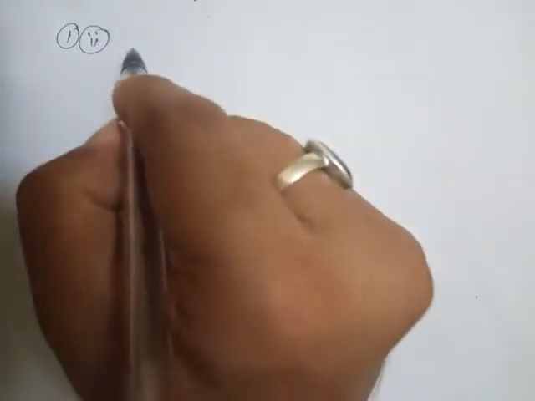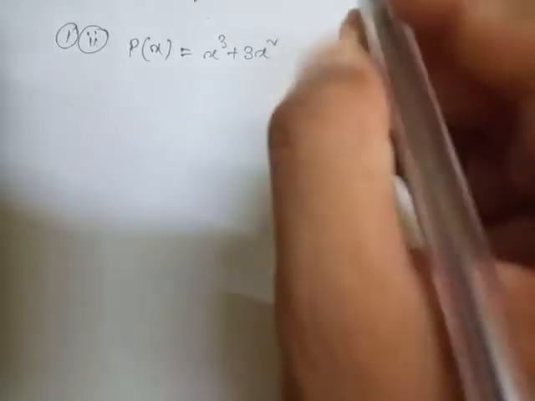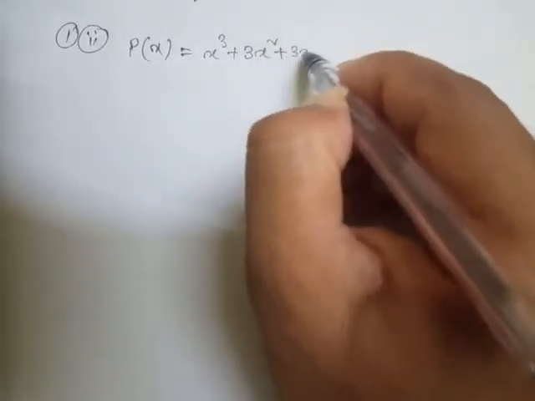Now student, we'll write the next question, this 1 Roman 2. So I'm writing here 1 Roman 2, and the P(x) value will remain the same, which means P(x) equals x cube plus 3x square plus 3x plus 1.